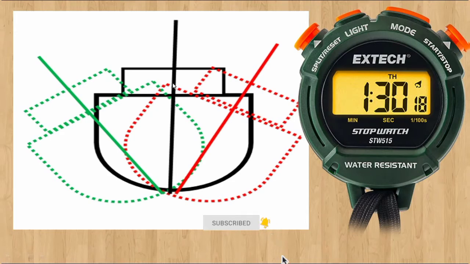So that is the rolling period. Again, from upright position going to one side, then maximum, and then to the opposite side, and then upright. That is the rolling period. So we need a timer, no? If we are going to measure this one, because this is only a few seconds. No?